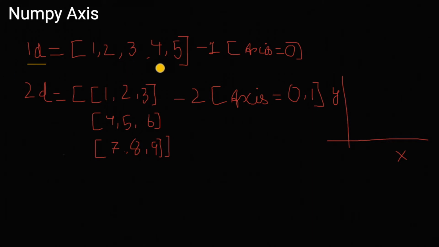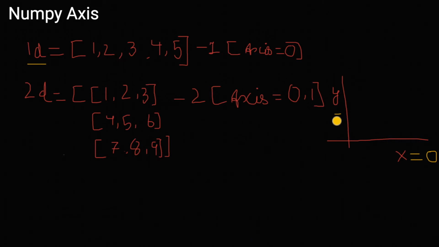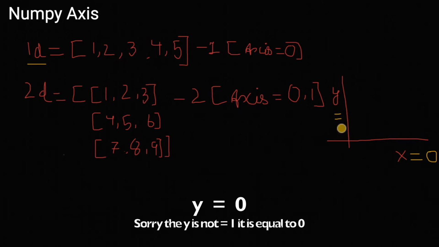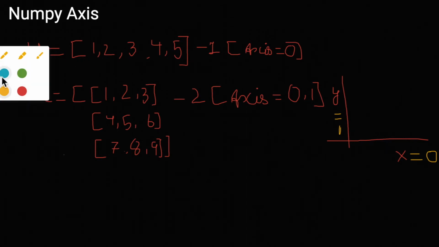So in the case of Numpy axis, x has been converted into 0, and y has been converted into 1. So instead of saying this is the x axis, we can say 0 axis, and instead of y, we can say 1 axis.